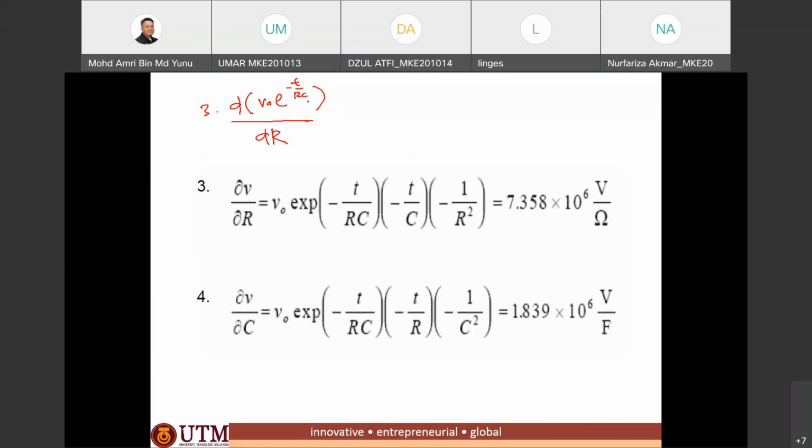So here the output is equal to V out exponent negative t over RC multiply with negative t over C multiply with negative 1 over R square.